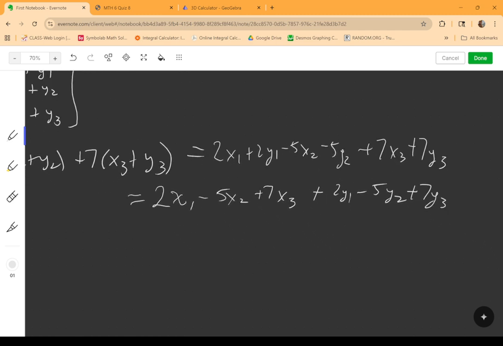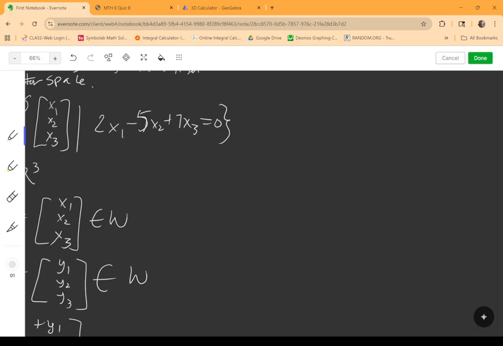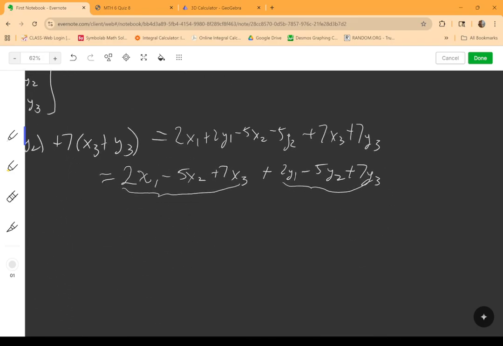Since x1, x2, x3 are in the set W, and so is y1, y2, y3, those satisfy the above equation, so each one of those is equal to 0.